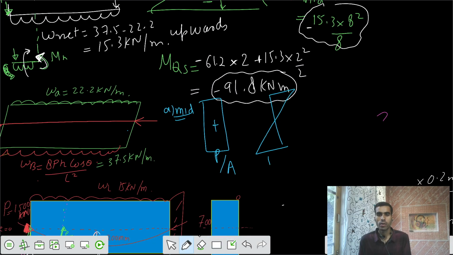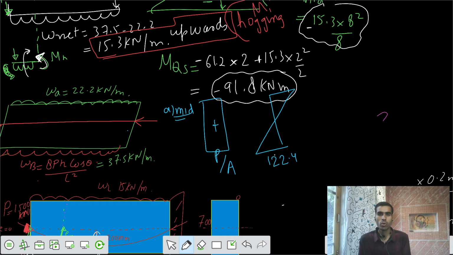Can you tell me what the stresses at the top and bottom are? Because the net load is upwards, it would create hogging moments. Because of the hogging moment, you have tensile stresses at the top and compressive stresses at the bottom. Can you say that?